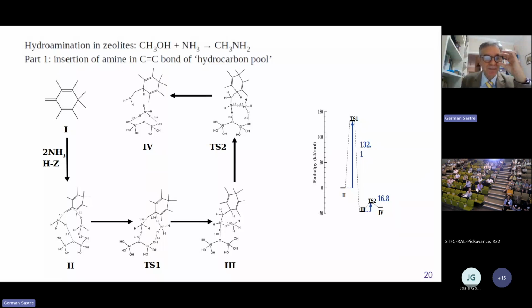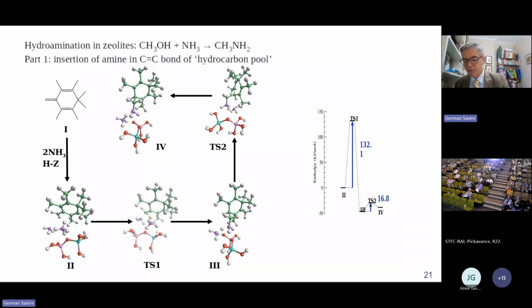So this is a primary amine that is one stable intermediate, and for this second transition state, the activation barrier is extremely low. So the difficult part, the rate determining step, is the step between 1 and 2, the transition state 1. And this is the first part of the reaction, which is the insertion of the amine in the carbon-carbon double bond of the so-called hydrocarbon pool, as it is called in the methanol to olefins.